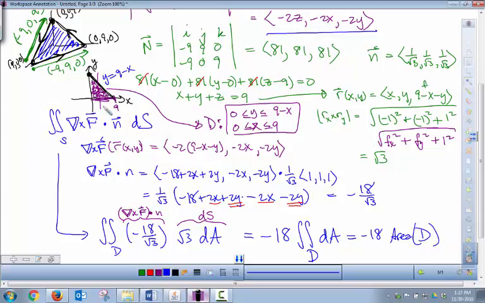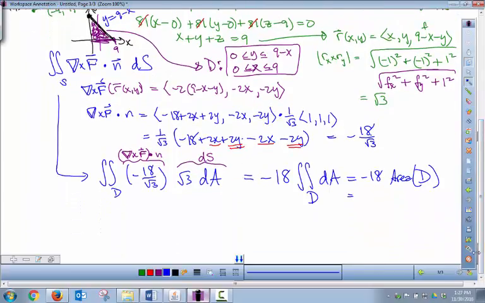which is a triangle. Base is 9, height is 9, right? A right triangle.